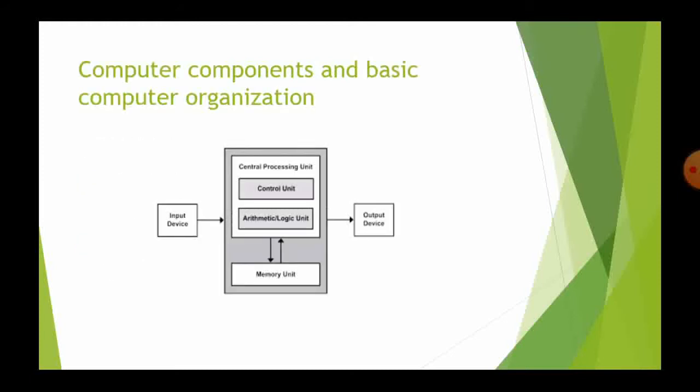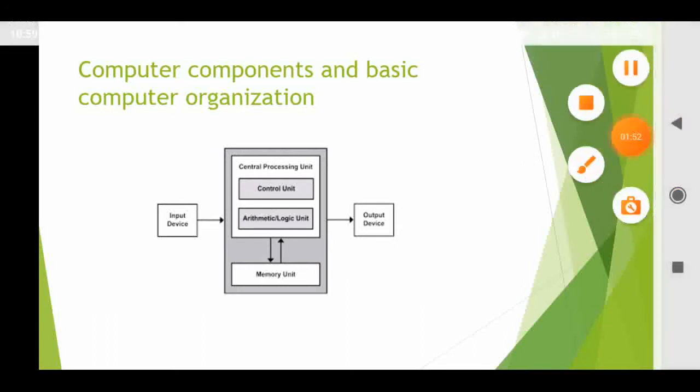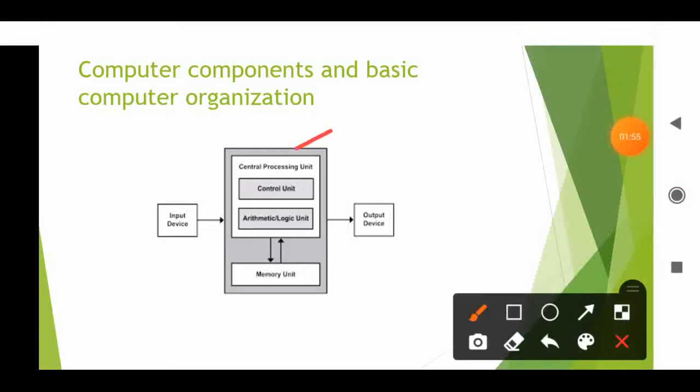Computer components and basic computer organization. The first thing is the CPU, that is the central processing unit. Inside it are three units: control unit, arithmetic and logical unit, and memory unit. This is the input device, this is the output device.